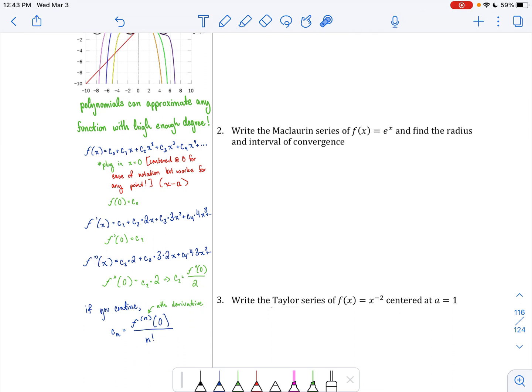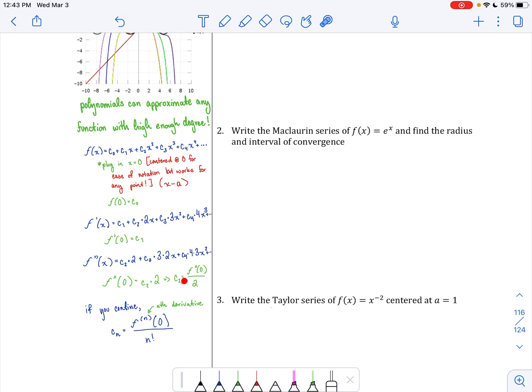Now, when I take the derivative again, this cancels out. Power rule, x brings down the 2, brings down the 3. We get this polynomial. So when we plug in 0, we get that the coefficient of the x squared term times 2 is equal to f double prime of 0.